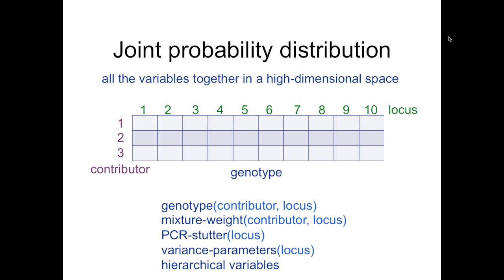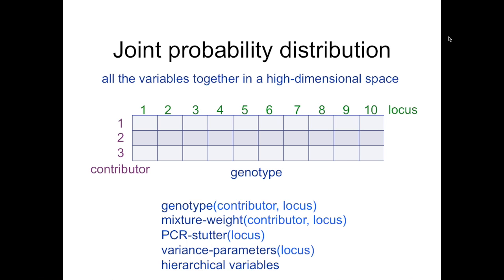In this space, there's the genotype, there's mixture weight for contributor and loci, PCR stutter for different loci, other PCR artifact variables, variance parameters for baseline and peak variation, all these hierarchical variables. And all of this needs to be solved for to accurately describe the PCR process. But that's not what's going to help us in reporting an answer.